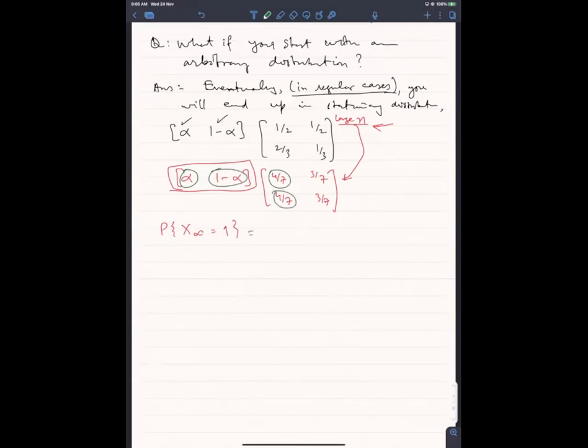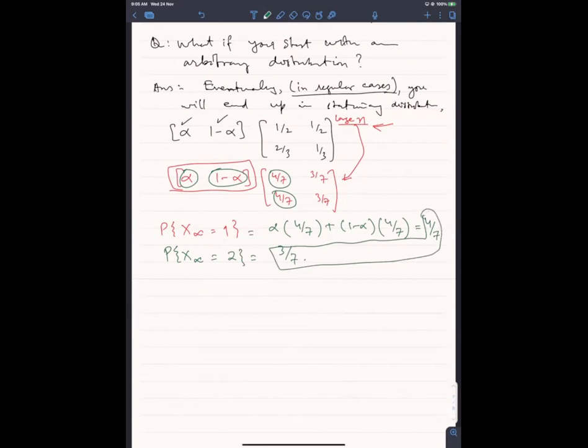So this is 4 by 7. And the probability x infinity is equal to 2 is 3 by 7. You will see that you get the stationary distribution. This is the same as the stationary distribution.